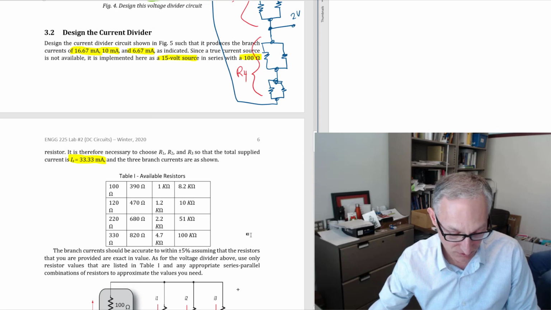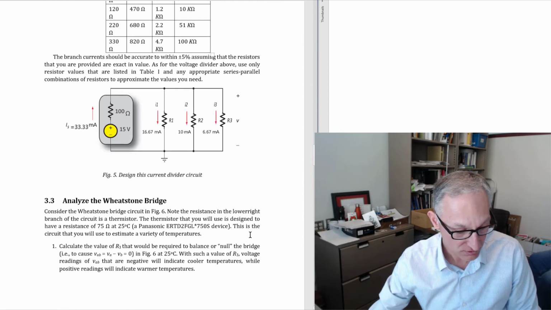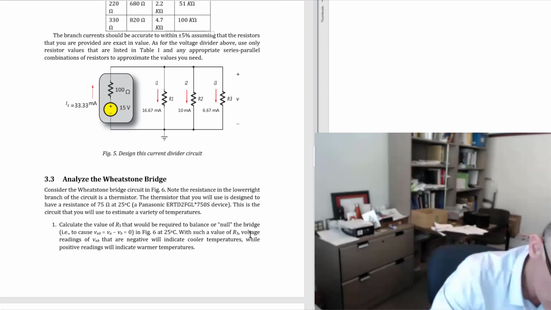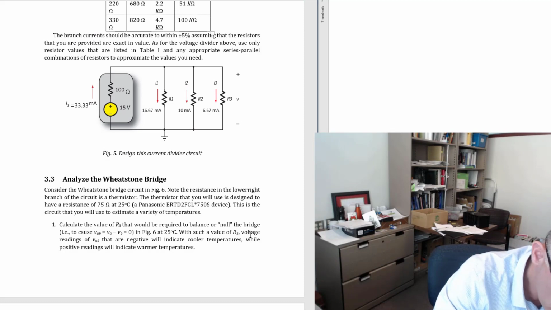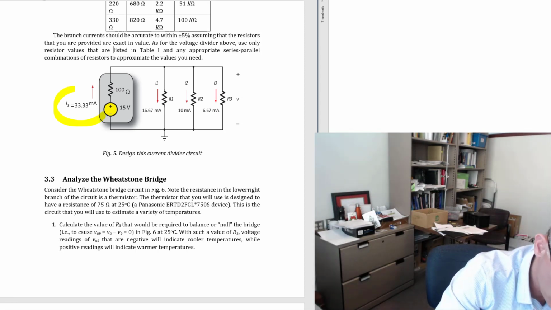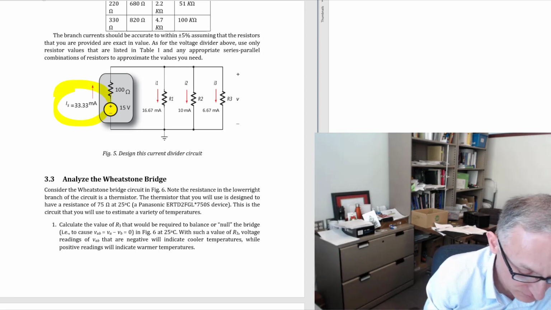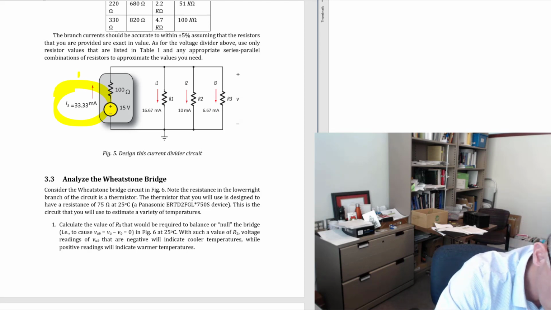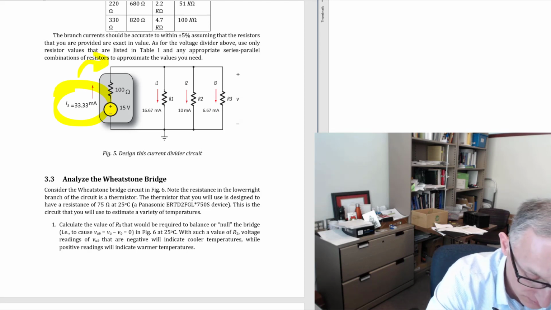So let's just take a look down here. The total current going in is described here. This is 33.3 milliamps going into the circuit, okay?